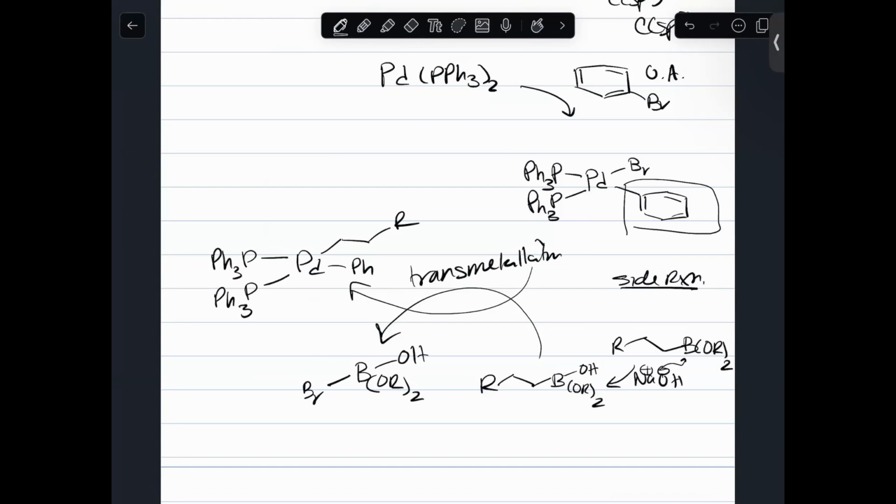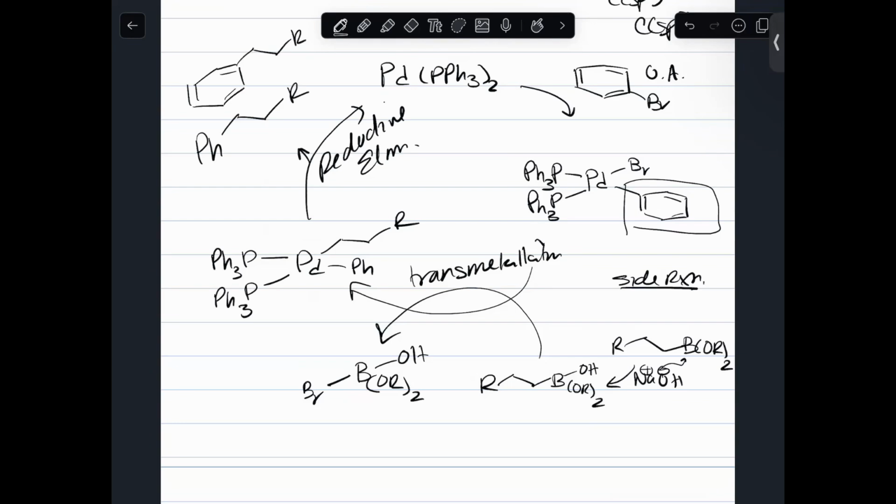Now we're at the last step. Now you could either do beta hydride elimination or reductive elimination. I'll draw it out as well so I can prove my point, so that you can form your carbon sp2, carbon sp3 bond, right?